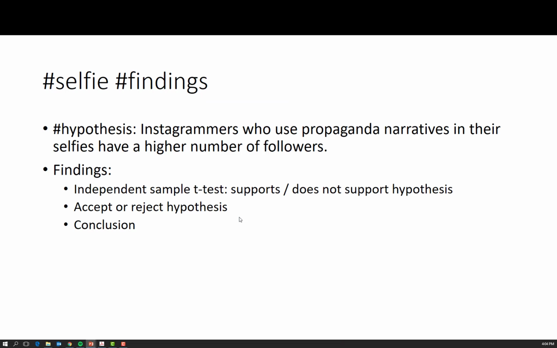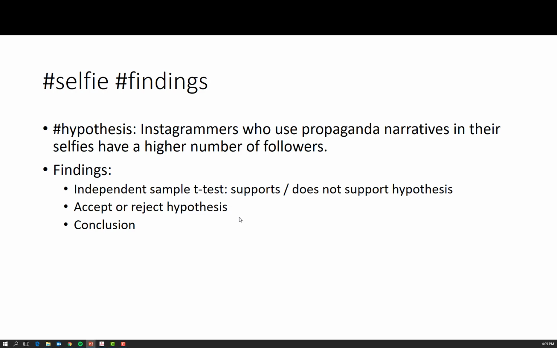So, in terms of the findings, how would this then be reported? So we go back to our hypothesis that Instagrammers who use propaganda narratives in their selfies have a higher number of followers. So our findings are from running an independent sample t-test. The statistical output would tell me whether the t-test supports my hypothesis.